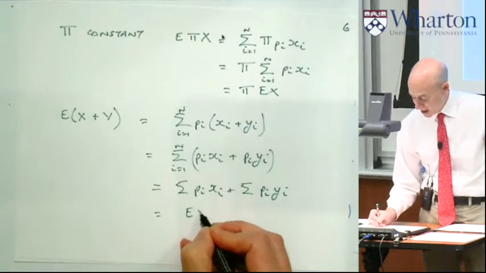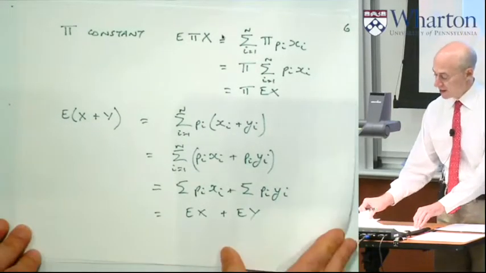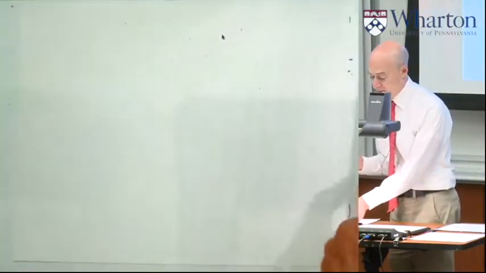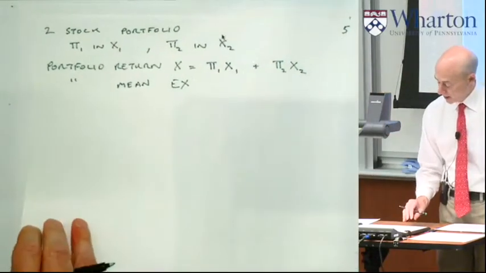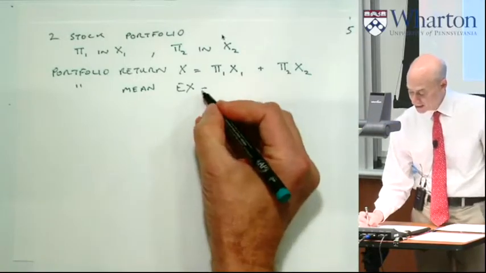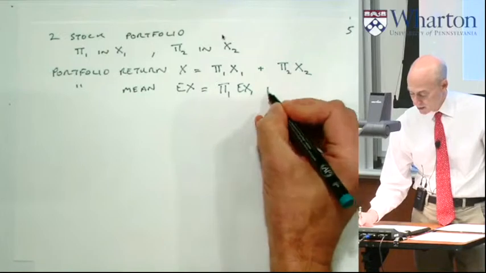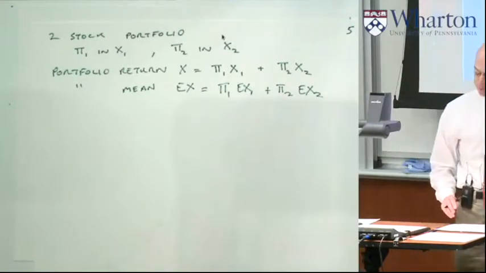And that's just EX plus EY. So we can take constants out, and we know that the sum of two random variables has the same expectation as the sum of the expectations of the two. So here we can write this as pi 1 EX1 plus pi 2 EX2.